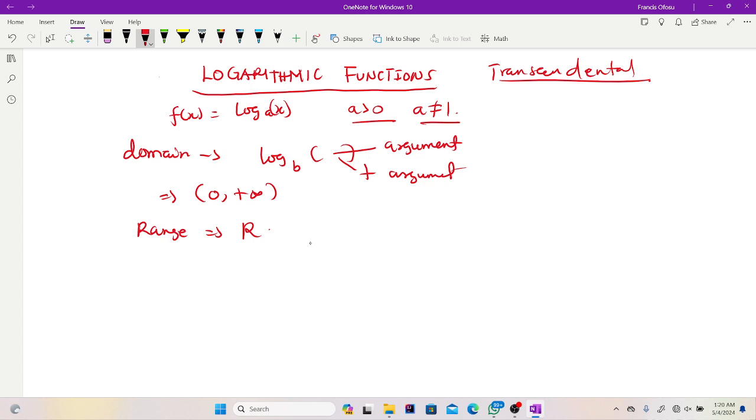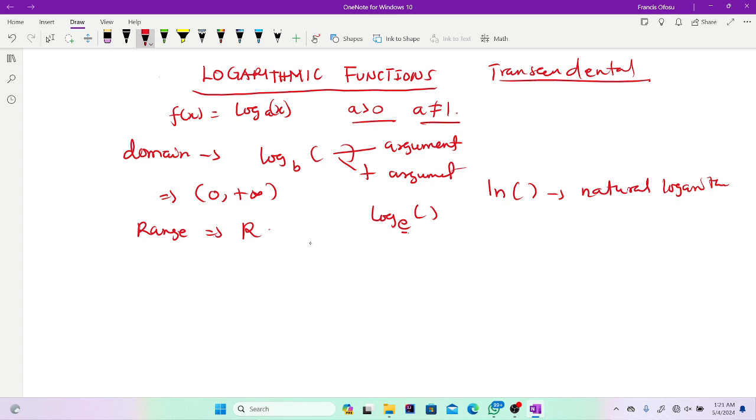Now I have a special logarithmic function I would like to talk about, which we call the natural log, ln. This is called the natural logarithm. The natural logarithm is simply our normal logarithm that you know, to the base e, where e is Euler's number, which I talked about in our previous video.